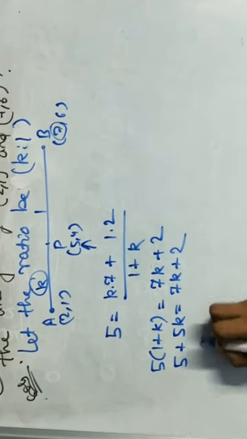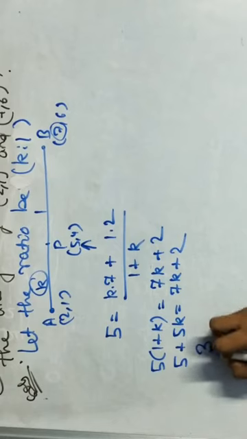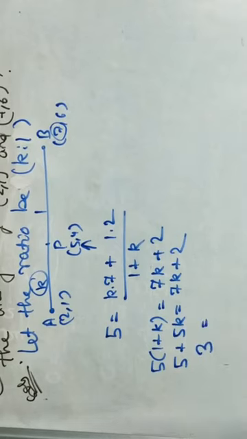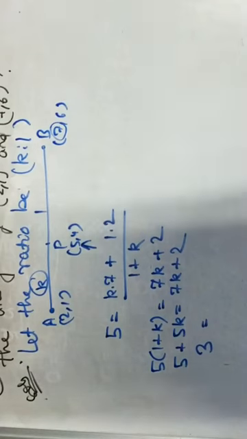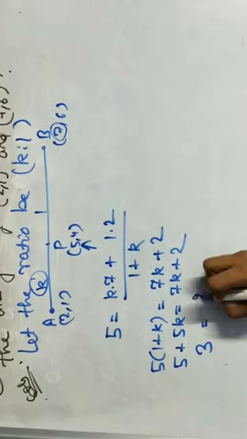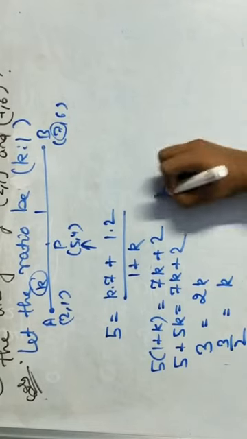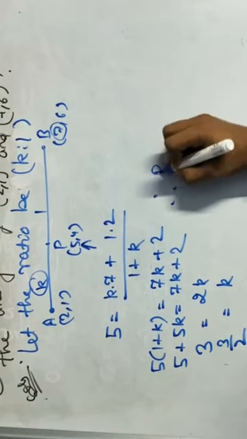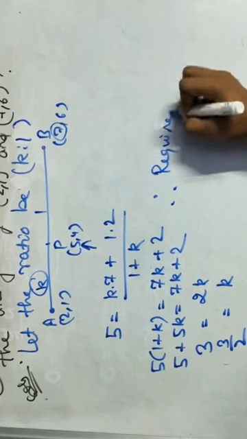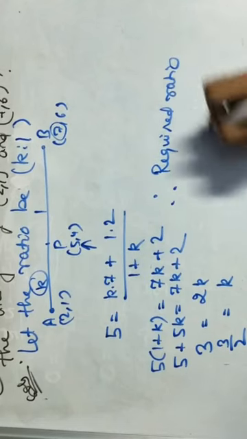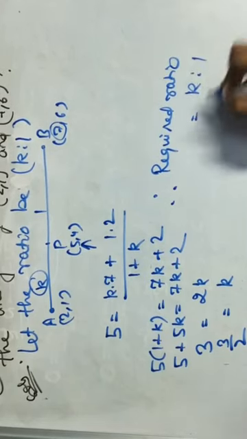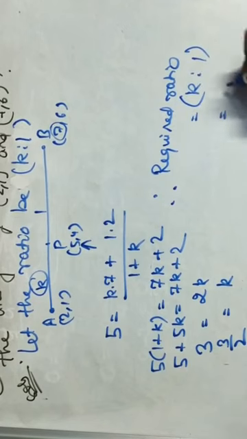From here you will get 3 equals to 2k, and k will be 3 by 2. So therefore required ratio equals to k:1, that is 3 by 2:1.